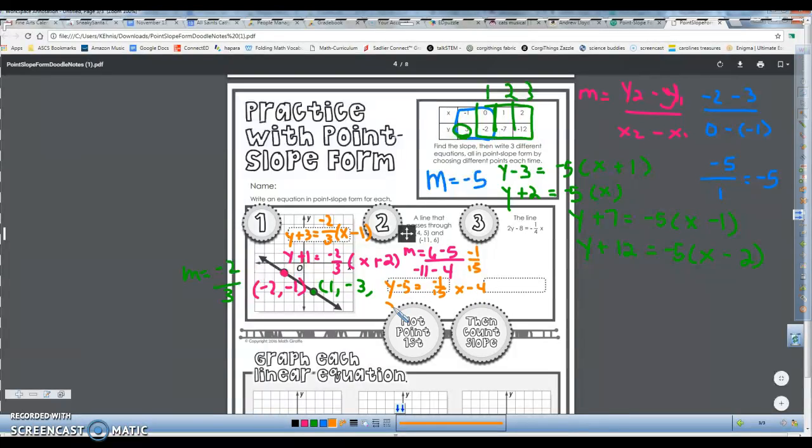Or I could have had y minus 6 equals negative, and that's in parentheses, sorry, 1/15 times x plus 11. Okay, so it doesn't matter which one you picked, one of those will work. Okay, and we're going to leave this third example alone for right now.